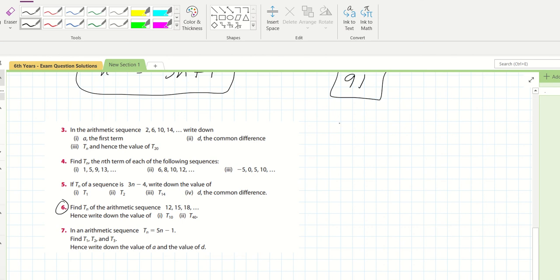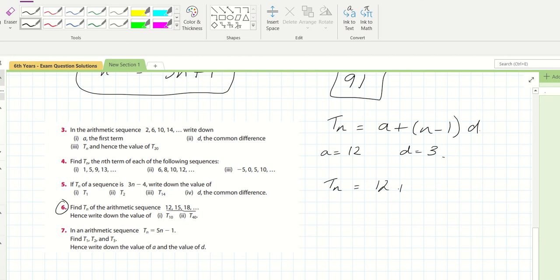So we're going to write down our formula. T n is equal to A plus n minus 1 times D. And here we need to find A, which is the first term, so it's 12. And we need to find D, which is the difference. And I can see that the difference there is 3. So I go ahead and put these into my formula.